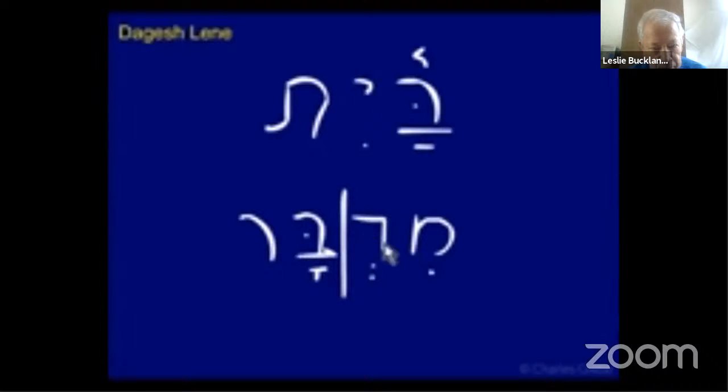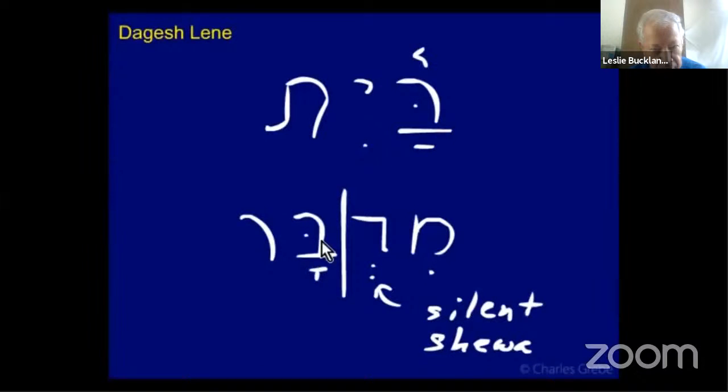This is the closed consonant CVC. There's a silent shava here, right? It's not a vowel, it's a syllable marker. So given that this is a silent shava, our conditions are met. This letter is the beginning of a syllable, no preceding vowel. So the Dagesh Lenny is there.